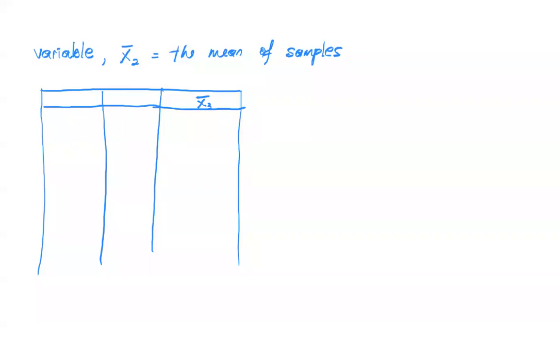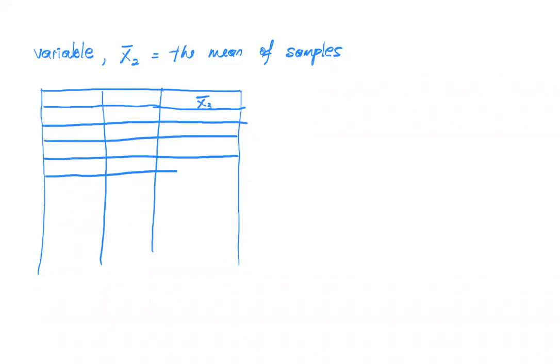Now we are going to list out all the 16 possible samples. So you draw 16 lines, 16 columns. The first one is you get 1, 1. Then you count the mean.